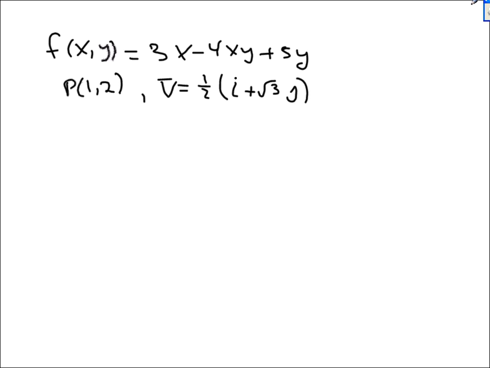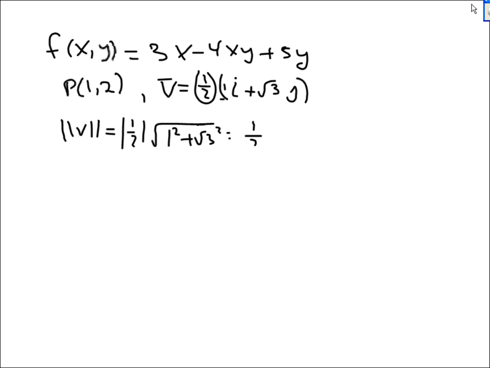Now, the first thing you want to do is get v to be a unit vector. You want its length to be 1. Now, possibly it is. Remember, if you have a number in front, you just take the absolute value of it. And then it's 1 squared plus the square root of 3 squared.